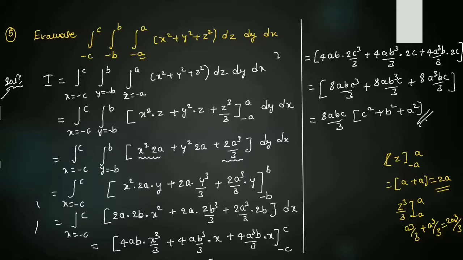No doubt, sir. Sir, can you go back to the fourth number question only for a few seconds? You want me to show which question? The fourth one? Yes. Wait a minute. Try to solve it. Take it as homework.